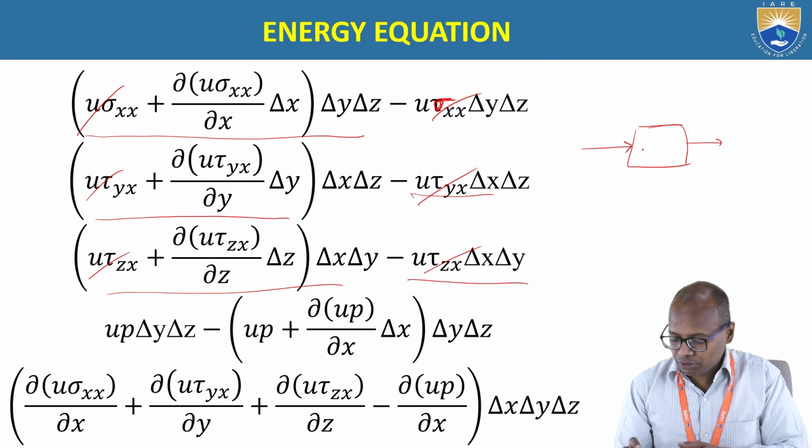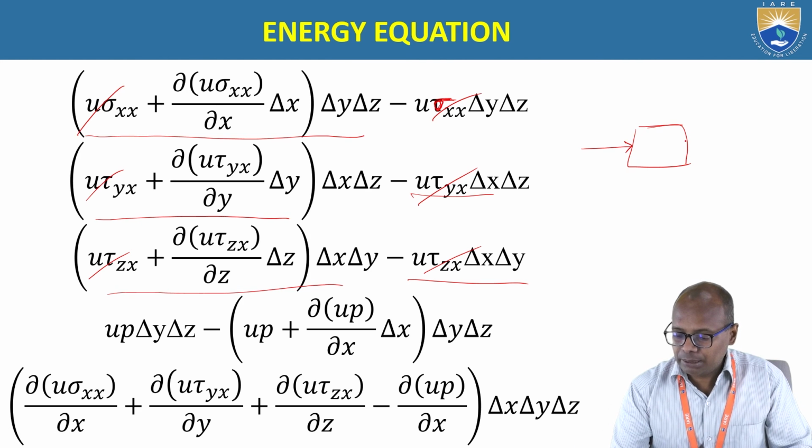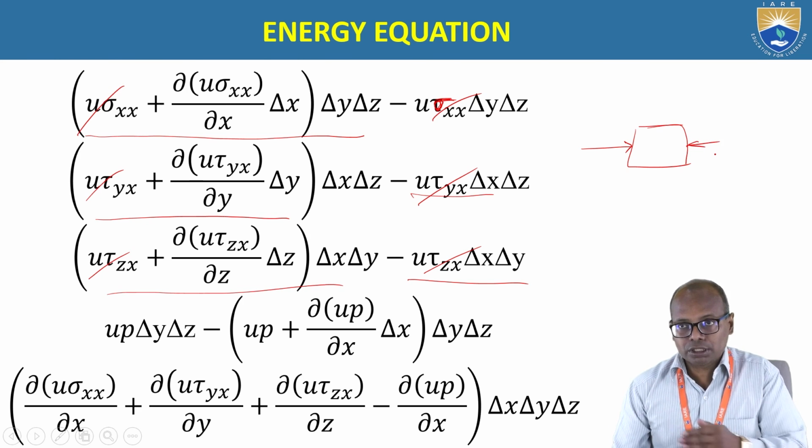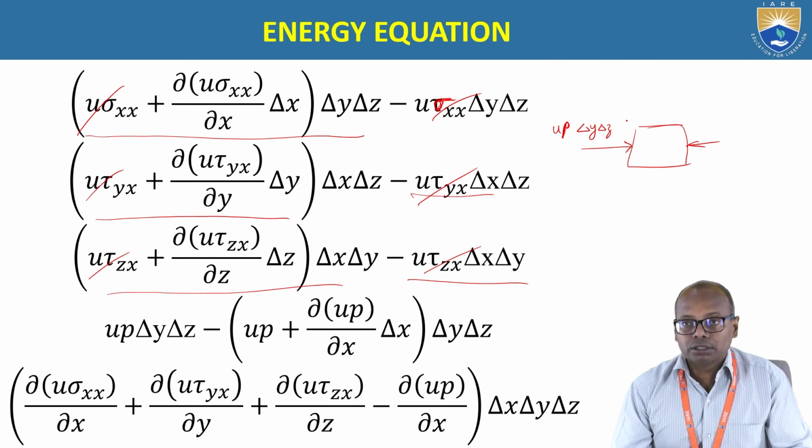the pressure force. What is this pressure force doing? It is trying to compress the element. So the pressure force is trying to compress the element in both the directions. Here the velocity in x direction is u, and P is the pressure. Pressure into what? The area normal to this x direction, it is delta y delta z.